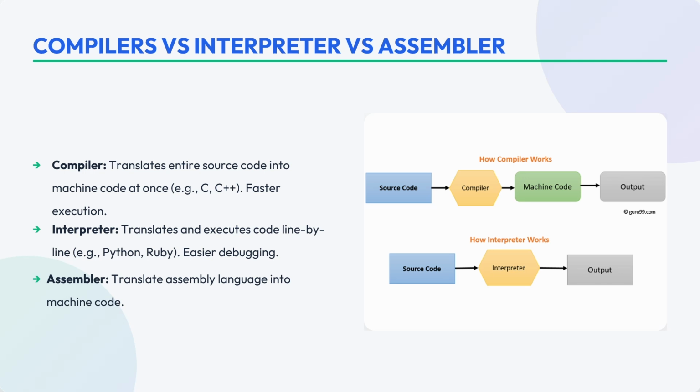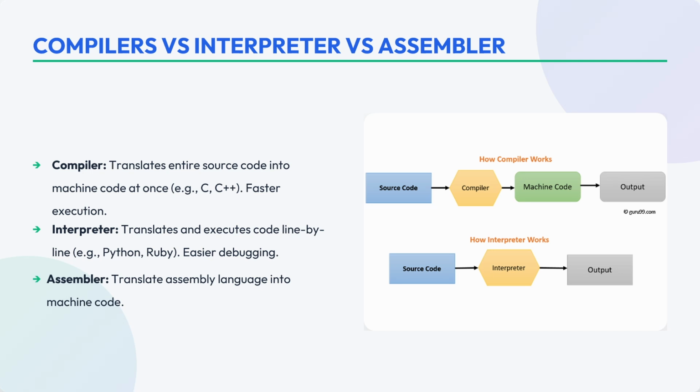While the third and the last one is an assembler. It is a unique type of translator that usually converts assembly language programs into machine code or machine language. Like we earlier discussed, if I have to enter some name, it doesn't get entered as it is by the computer or software, because they can't understand human language.